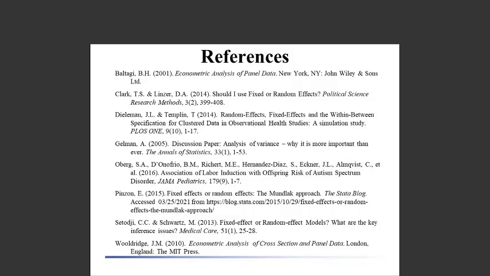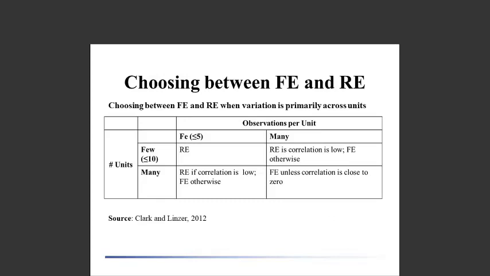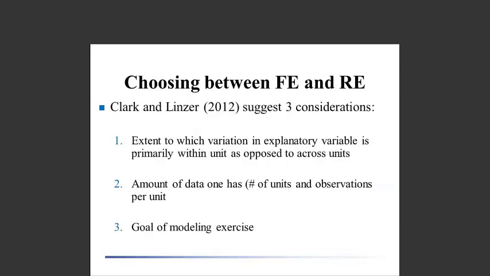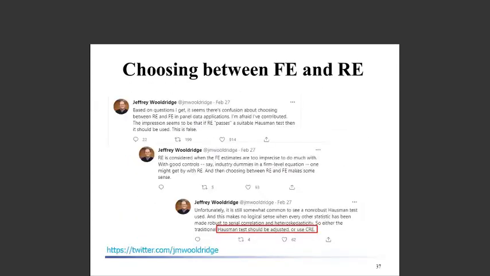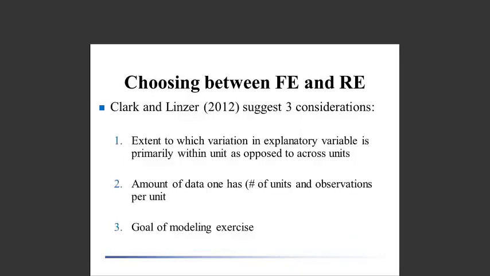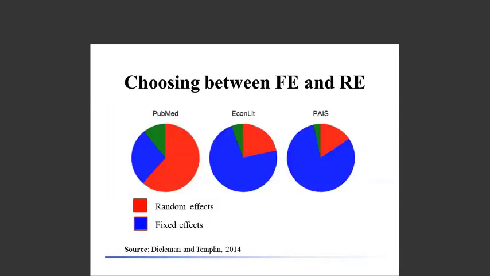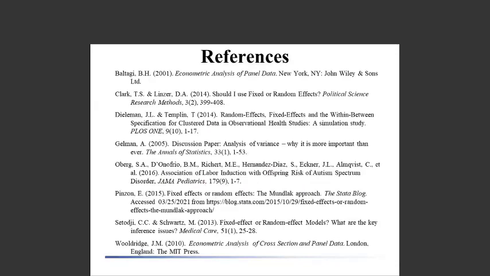I hope maybe that's what they're talking about. That's actually somewhat related to the Mundlak slide that I showed earlier. If you go to this Pinson reference, that's kind of what they're getting at there.